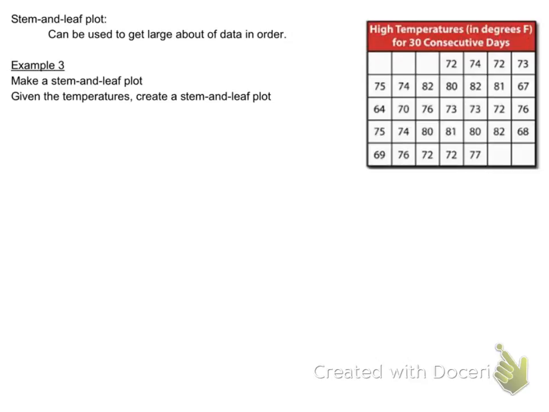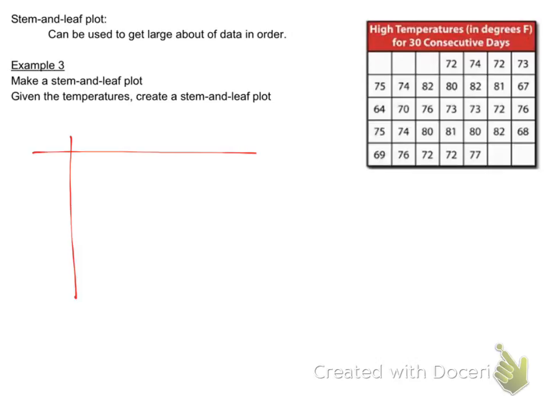So, these are the high temperatures the last 30 consecutive days. Actually, it looks about like what the weather has been in the last 30 days here, right? Some cooler days, some warmer days. So we got to make a stem and leaf plot. Now, a stem and leaf plot, guys, looks like this.